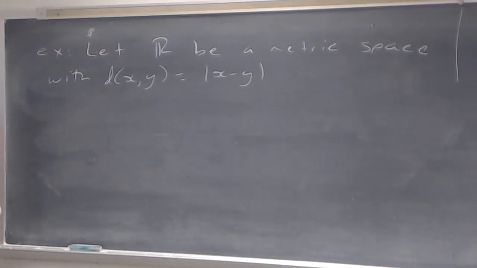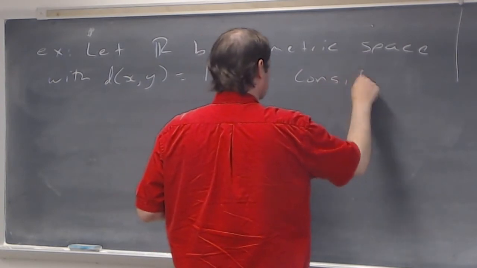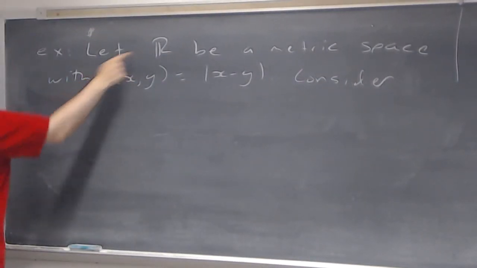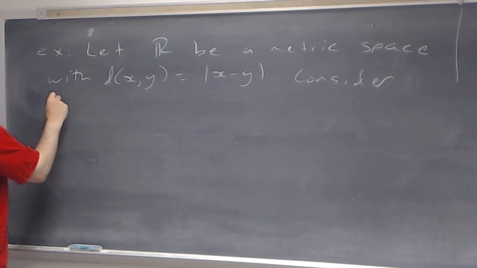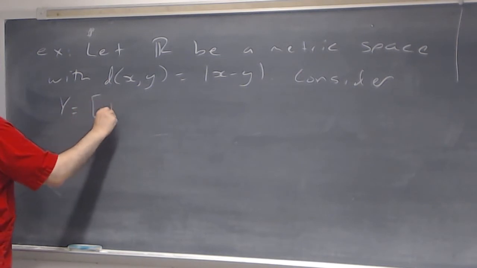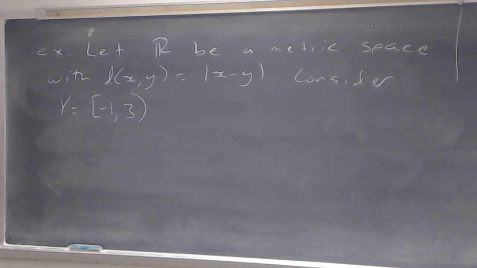That's the usual metric. So we consider a subset of R, which is our X, and here we consider Y equal to the interval from -1 to 3, where we include -1 but not 3.